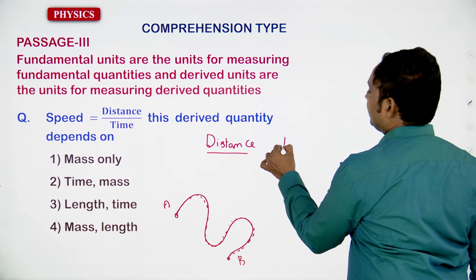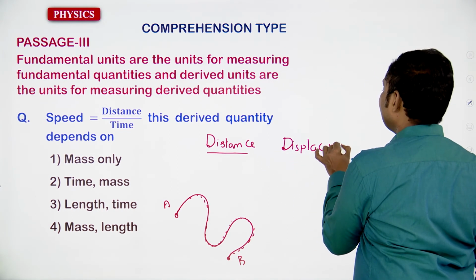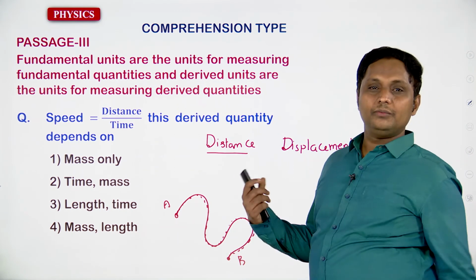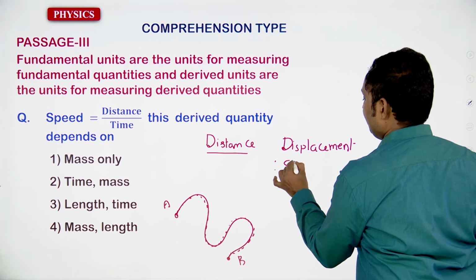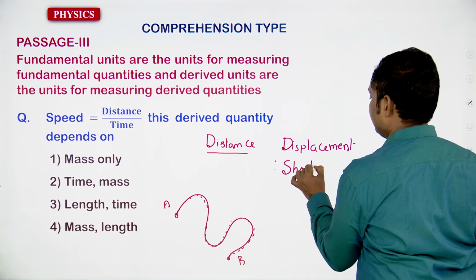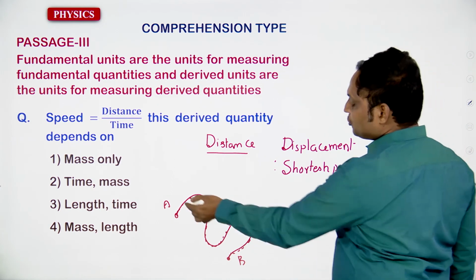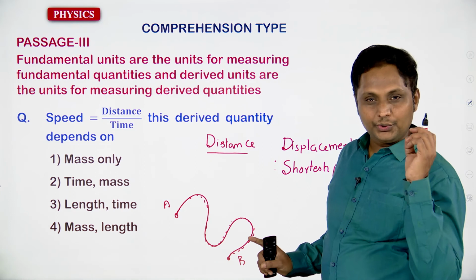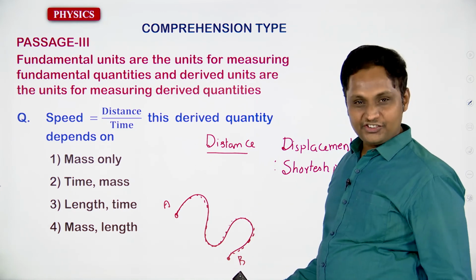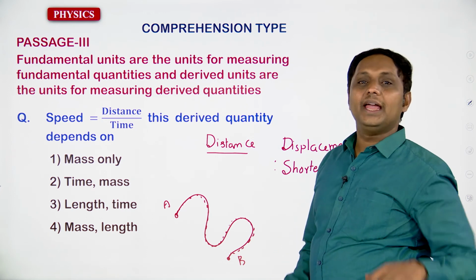While you are going to take displacement, it's time to know about these quantities. Displacement is the shortest path. In order to reach the destination B, you can have n number of different paths.